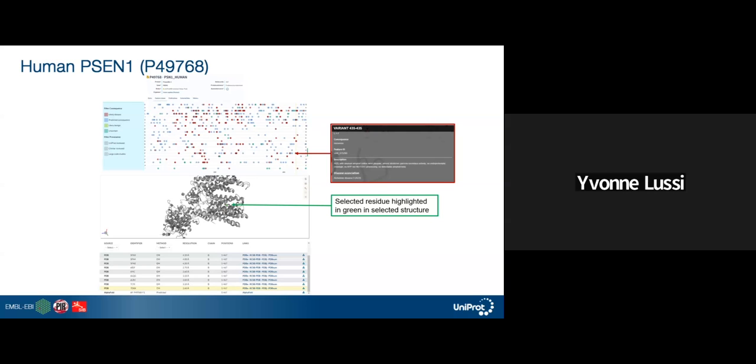And you can find them below the variant matrix, the structures displayed, and below is the table with all available 3D structures. You can select one of the structures, for example, the EM structure from PDB. The structure will be shown, as well as the variant that has been selected in the variant matrix, which will be displayed in green in the selected structure.